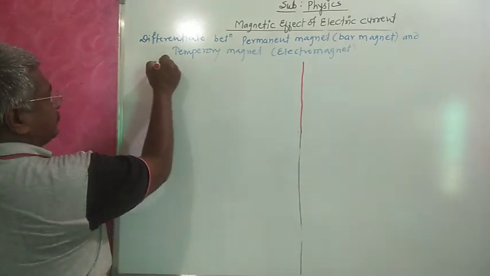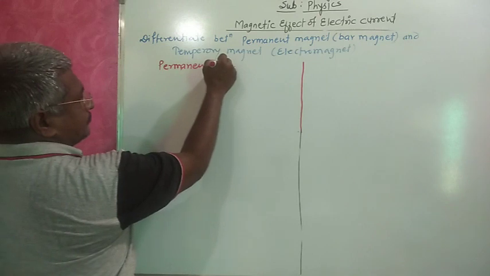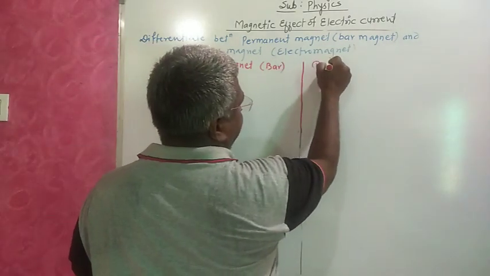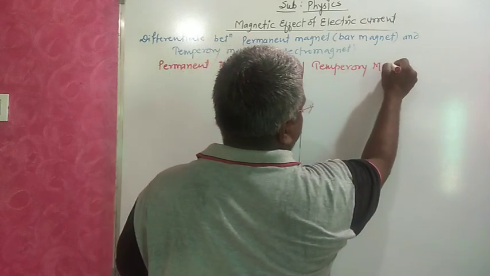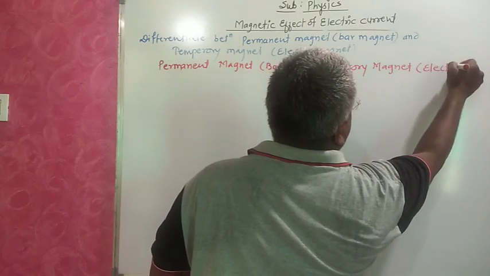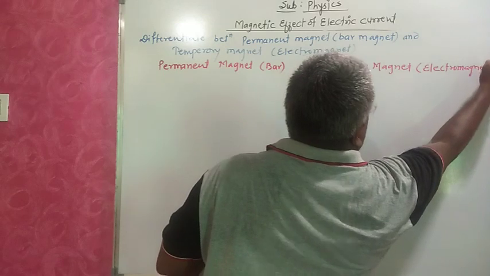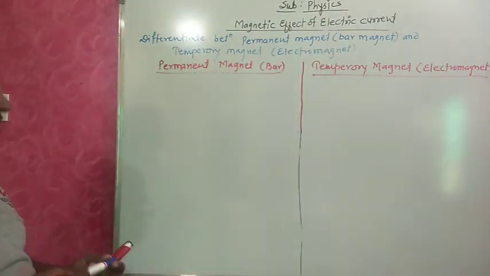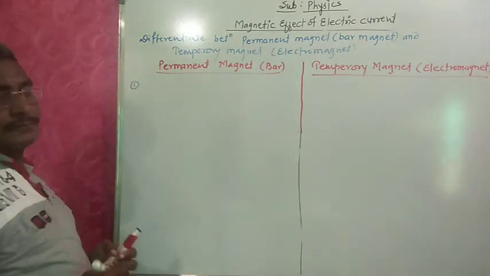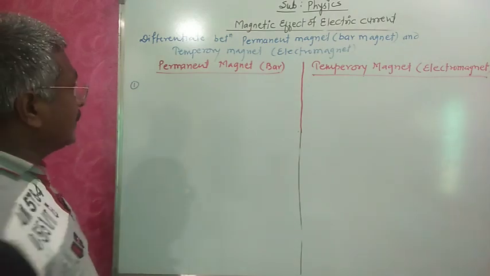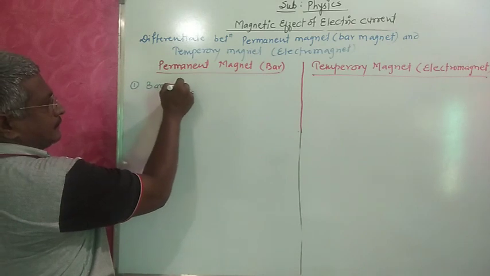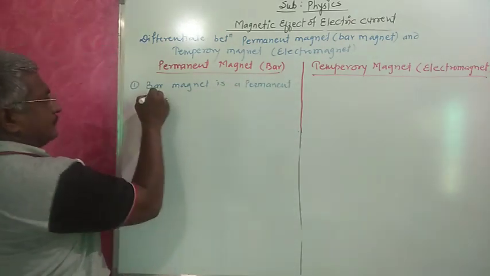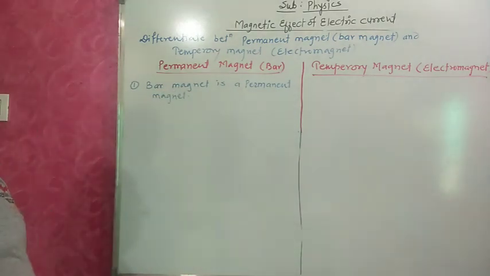One part is permanent magnet, or bar magnet, and on the other side is temporary magnet, the electromagnet. The first point we write: a bar magnet is a permanent magnet.